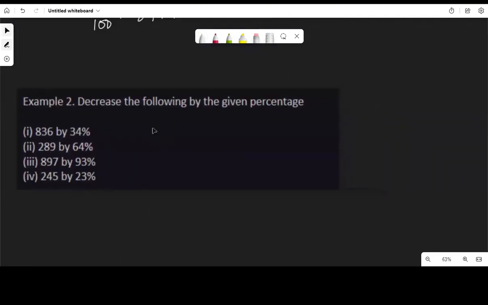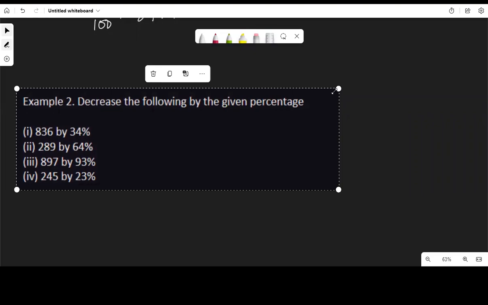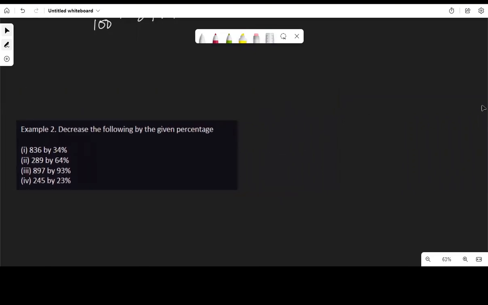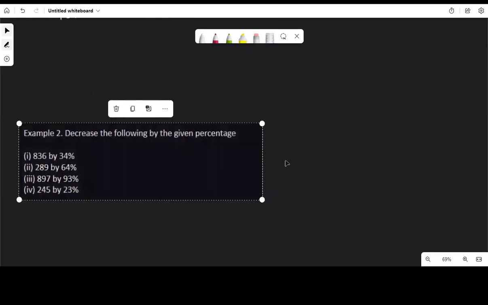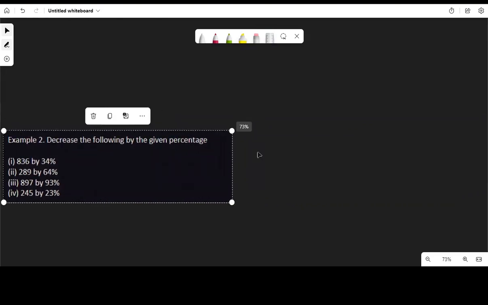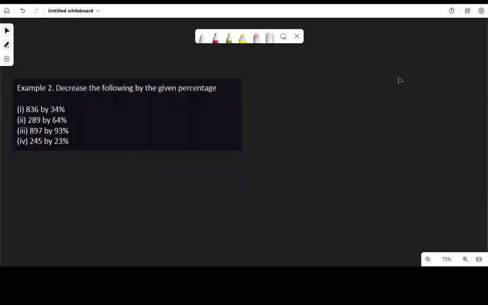So we have more examples here. And this example says, decrease the following by the given percentage. Again, I'm going to use two different approaches that we used earlier. In this case, we are decreasing the given quantity by the percentage indicated.